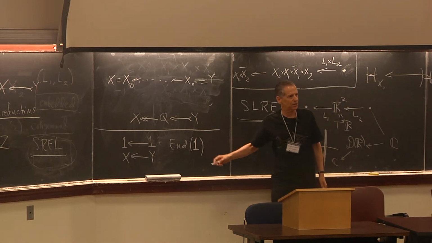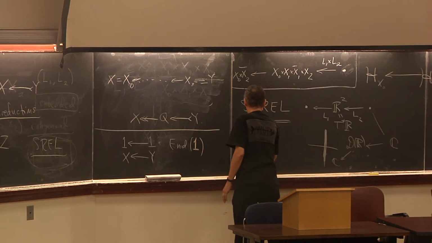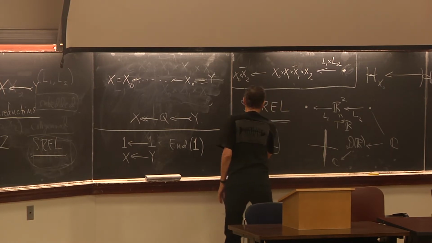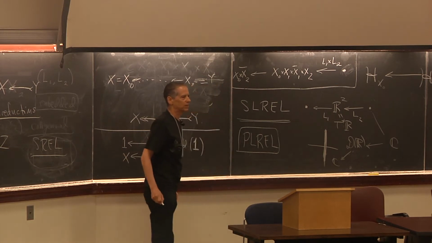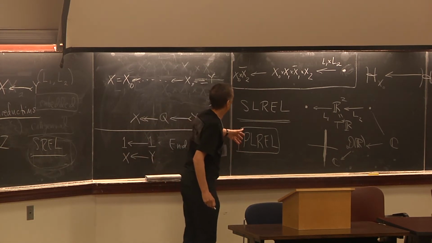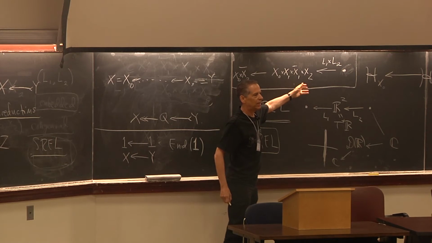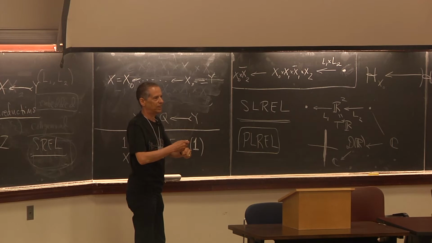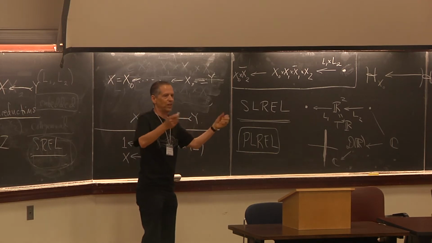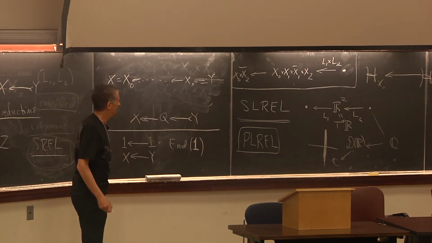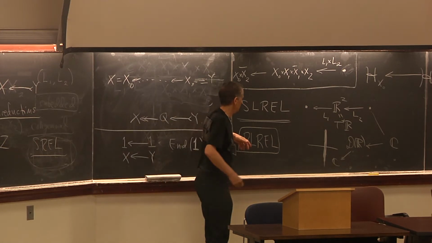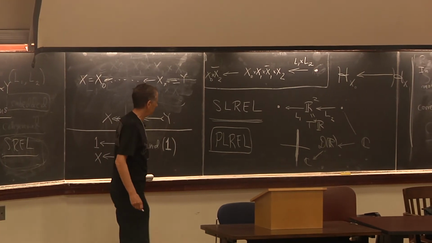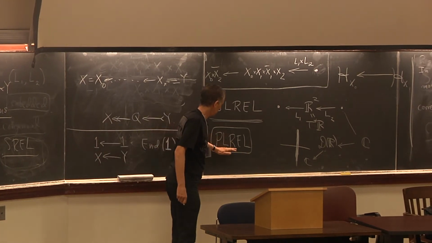So PL-rel, maybe Poisson linear relations between Poisson vector spaces. This is sort of a subcategory. It's conceivable that you might get more identifications if you allow yourself to factor things as products where you introduce some Poisson vector spaces and coisotropic rather than Lagrangian relations. I'm pretty sure that's not the case.